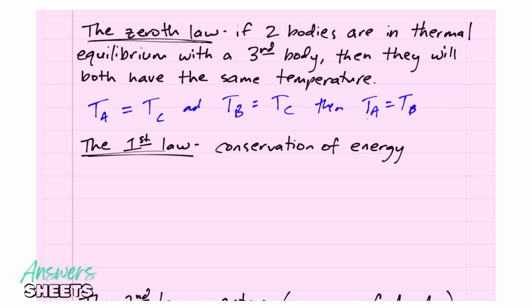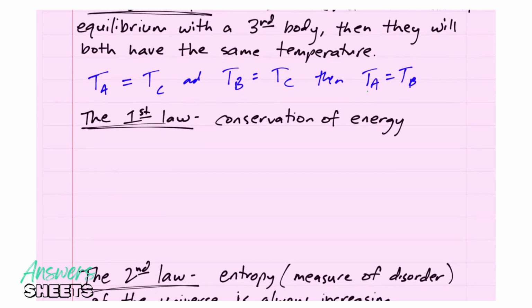The first law is conservation of energy. This is where we're going to sit almost the whole semester. If we keep track of all the energy, it can't be created or destroyed. It has to go in or out. It has to go somewhere.